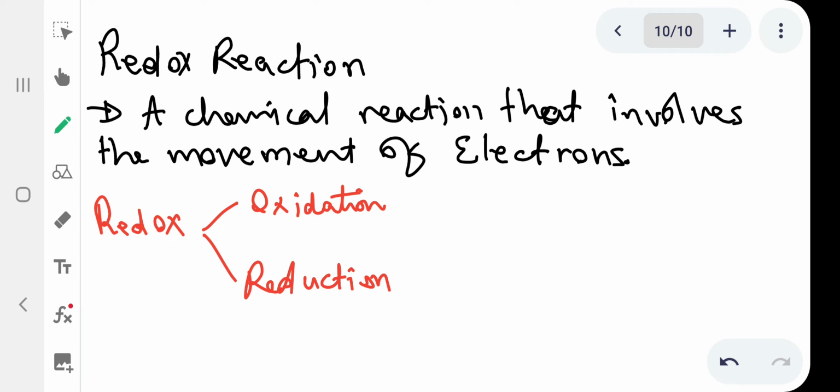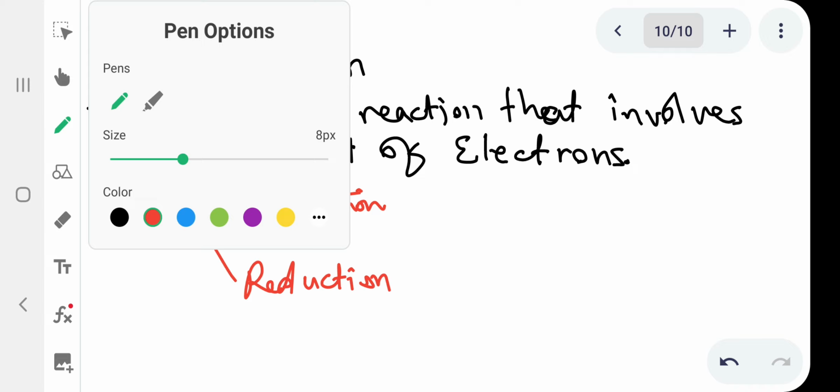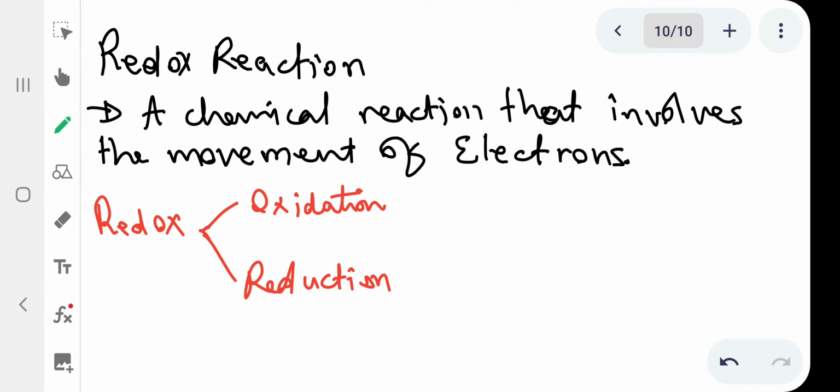Hence it is called a redox reaction. Oxidation can be defined in terms of electrons, and it can also be defined in terms of oxidation number. But in this case, I'll define oxidation and reduction in terms of electrons.